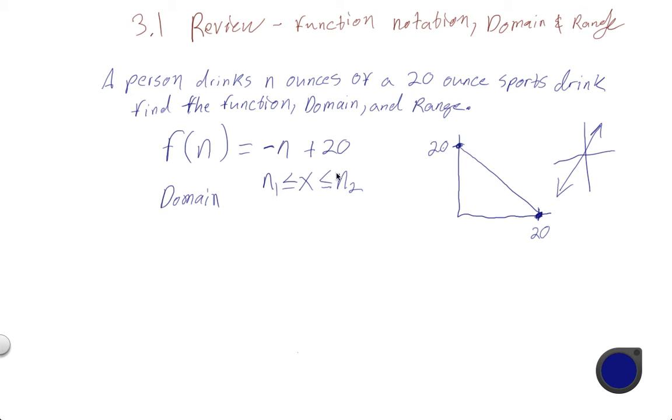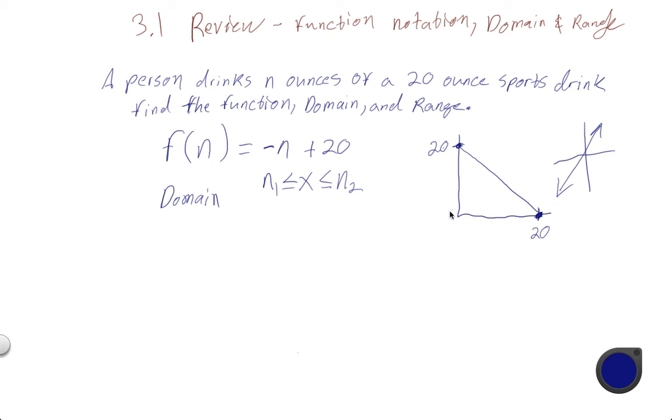And then the next thing we want to know is, what is this n1 and what is this n2? The n1 and the n2 are, how much can we drink? Well, we can't drink less than 0, right? That wouldn't make sense. That would be kind of like, okay, now we're putting juice back into the drink bottle and it's not going to fit.